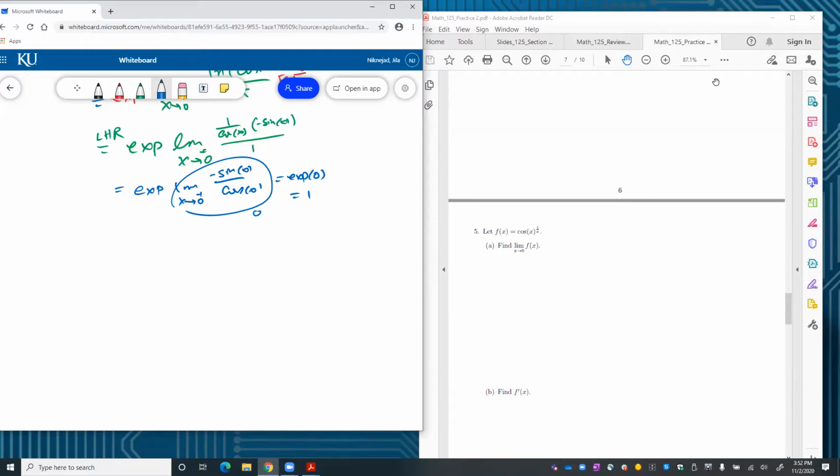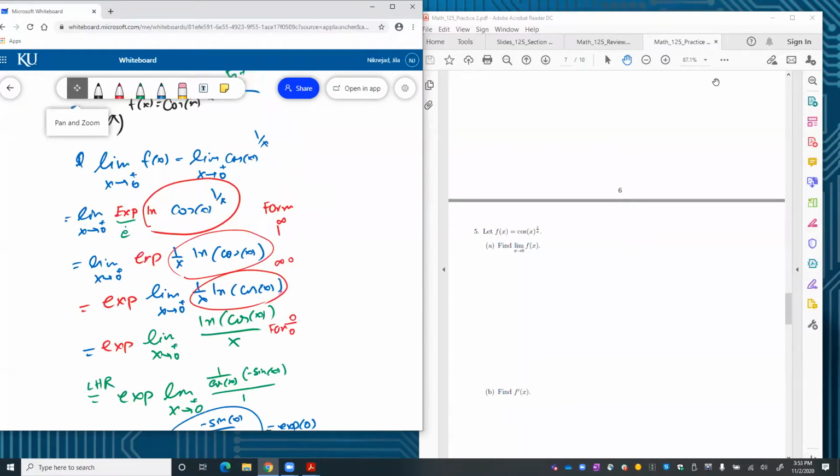Change it from approaching 0 to approaching 0 from the right. Okay, so here's the thing. I'm writing 1 to infinity, and if it pushes from the left, it would be 1 to negative infinity, which is the same story.